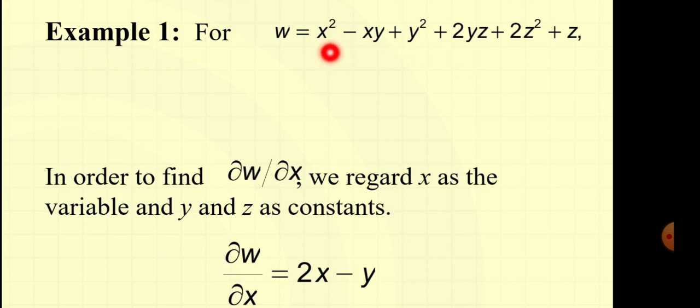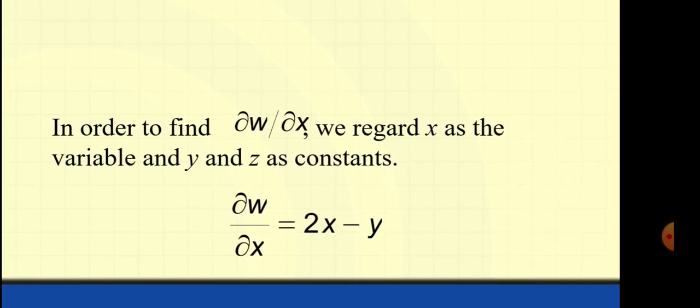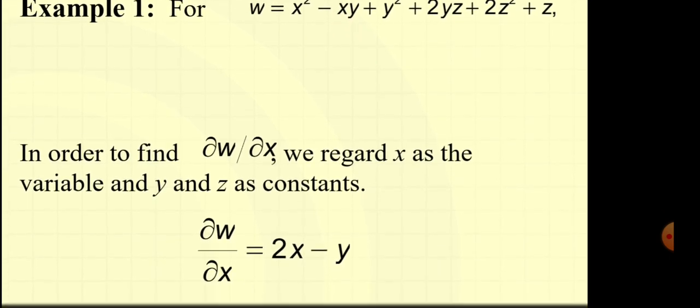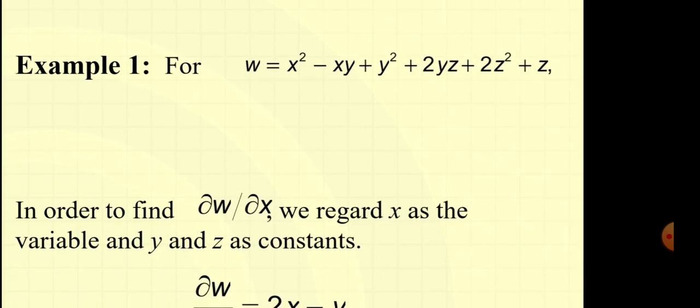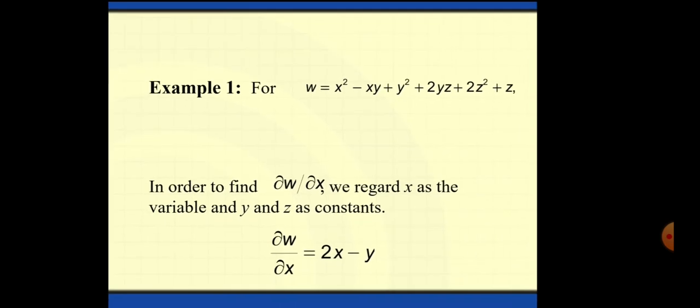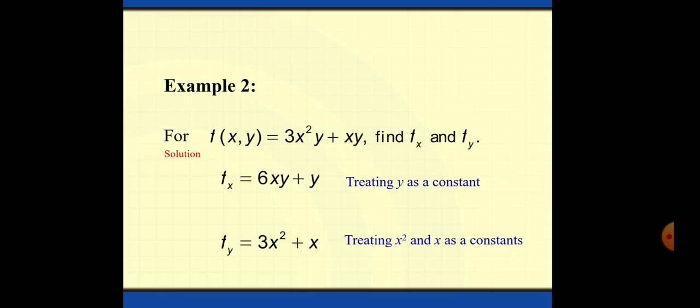So the derivative of x squared here is 2x, and the derivative of xy, derivative of x here is 1, so we have minus 1 times y, which is minus y here, and all of the other terms are constants because they don't include x, and we know that the derivative of a constant equals 0.